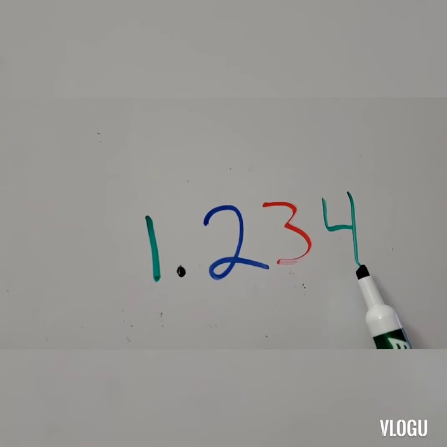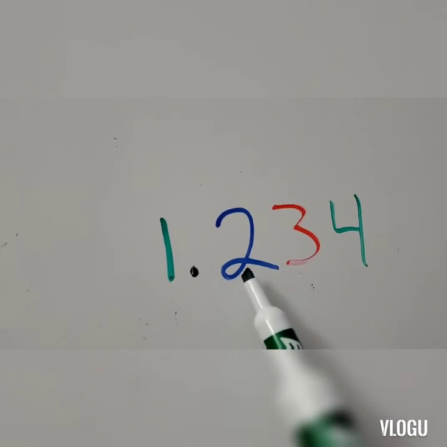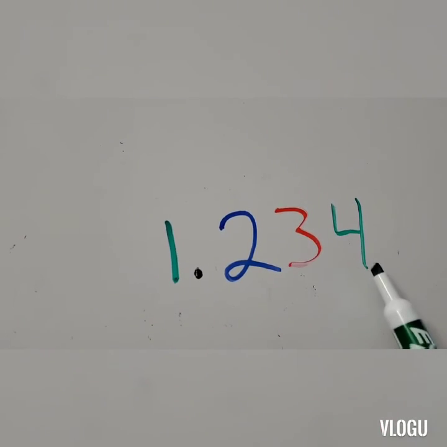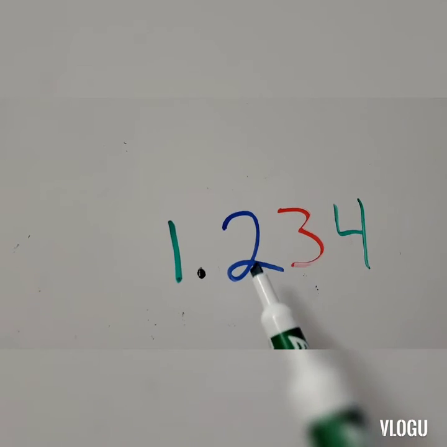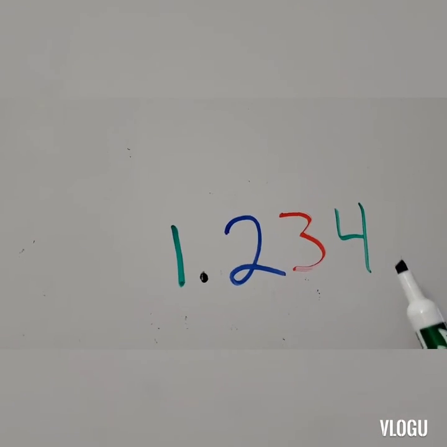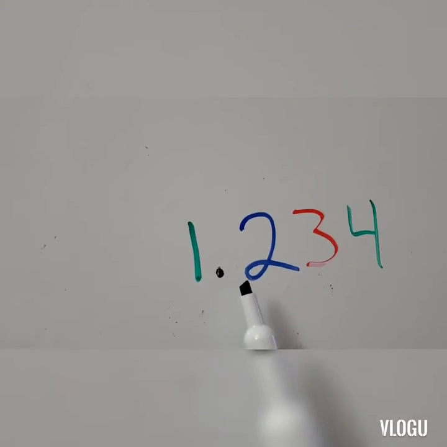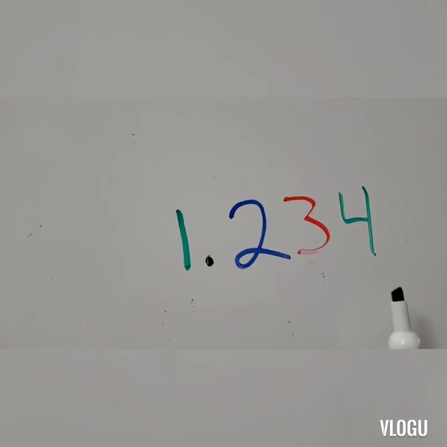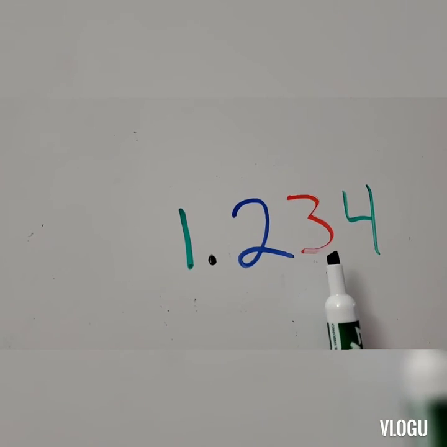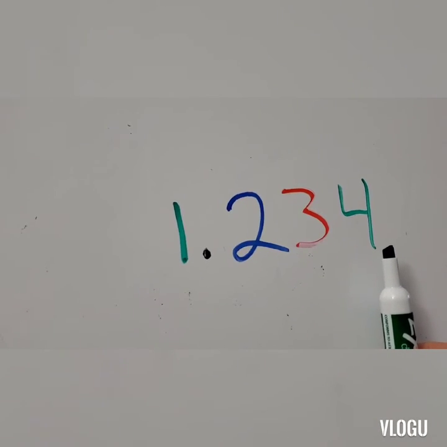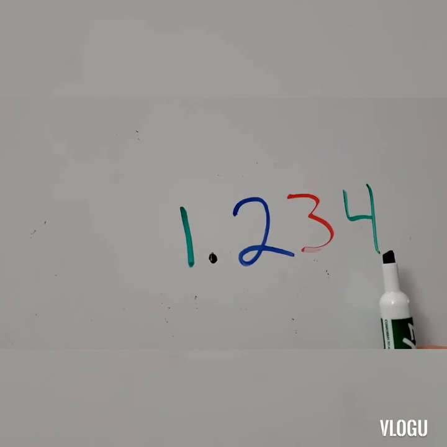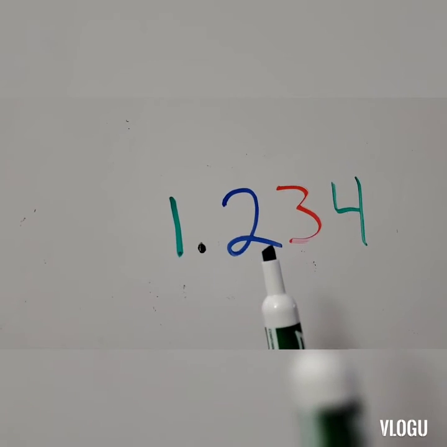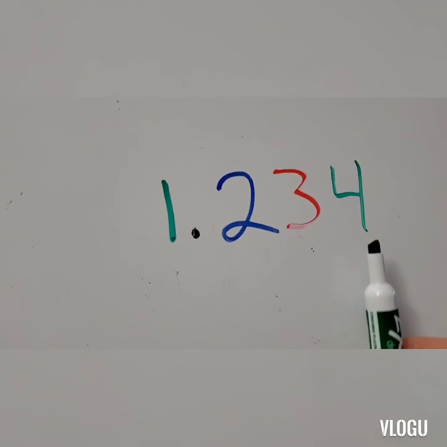If we have the number here, and we look at the number 234, that's important to know, because we're going to read it as 234. It's 1 and 234, but I have to give the place value. Tenths, hundredths, thousandths. Since it's in the thousandths place value, 1 and 234 thousandths.